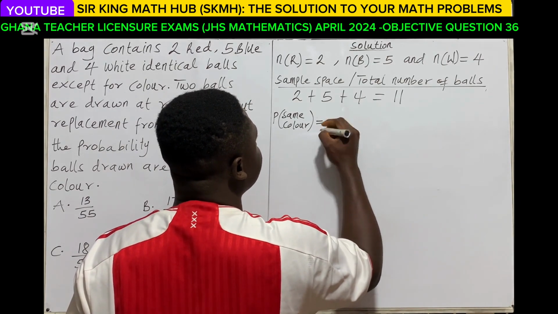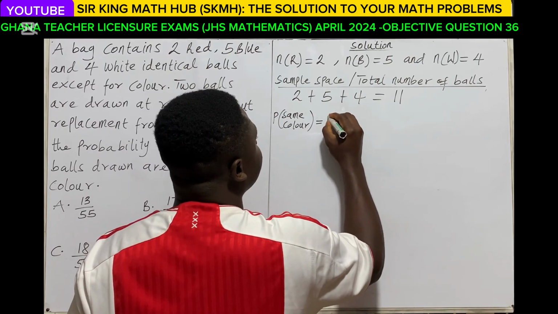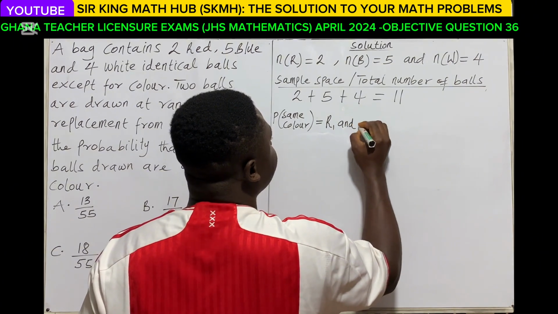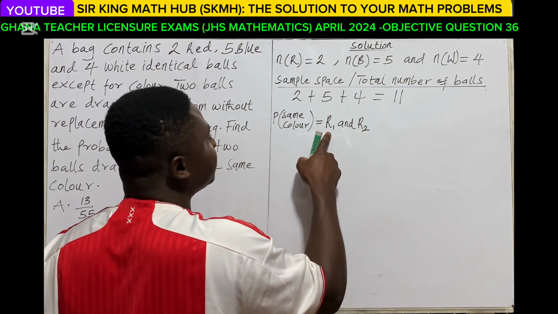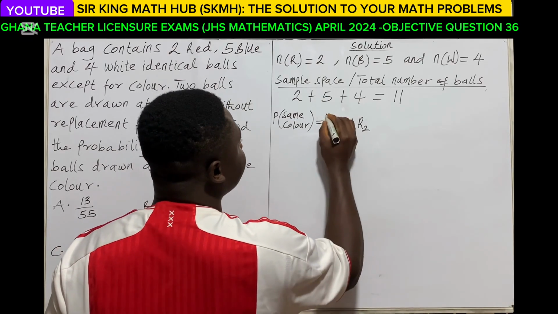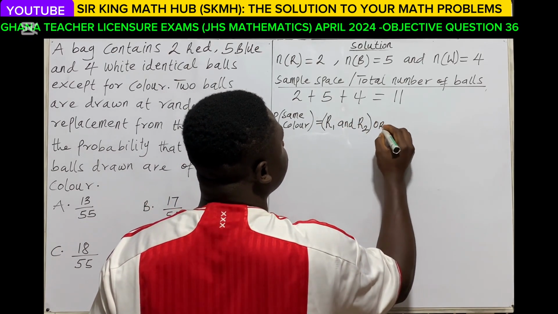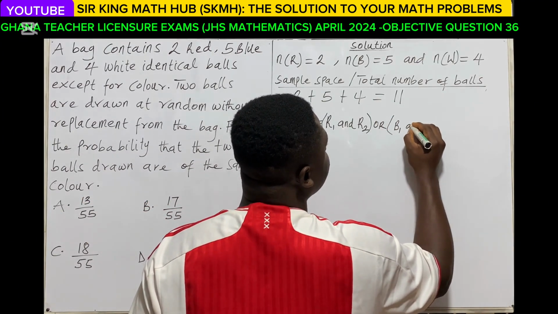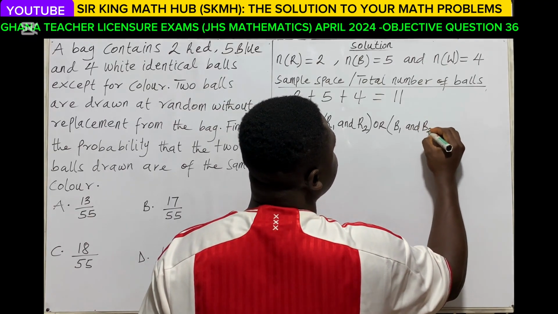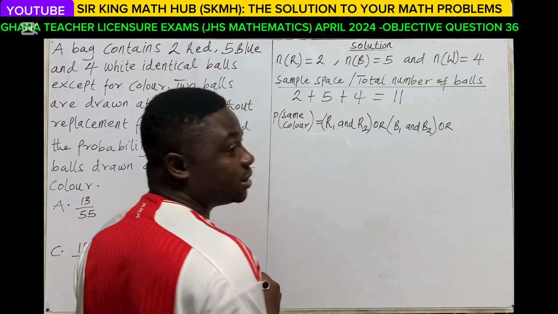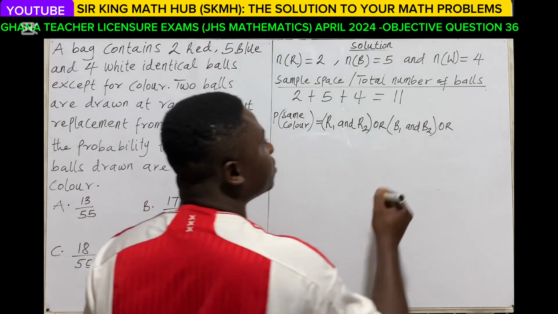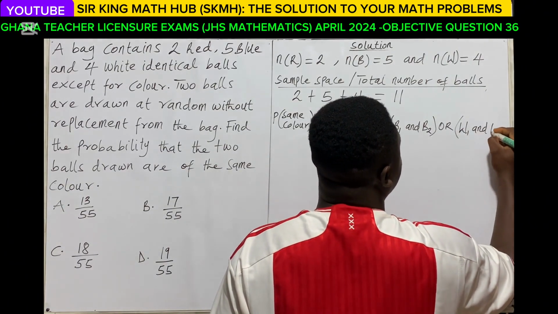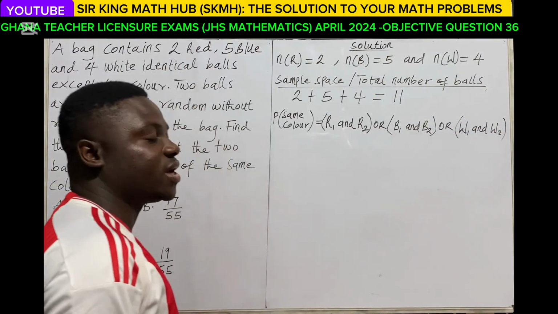Let's begin with the red. The first ball is red and the second ball is red. That is the first condition. Or the first ball selected is blue and the second ball is also blue. Or lastly, the first ball selected could be white and the second ball could also be white.